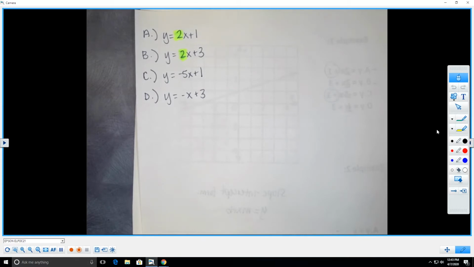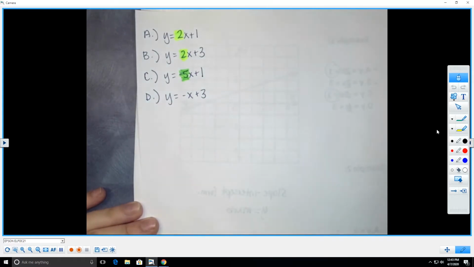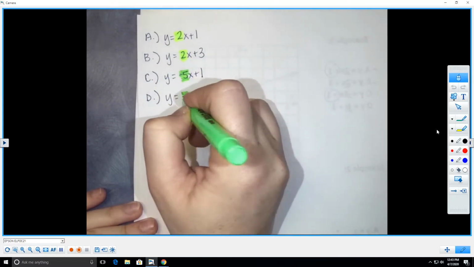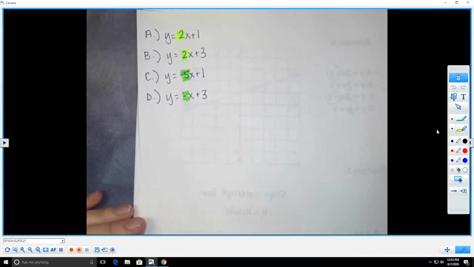Which ones have a negative slope? You're right again, C and D, because C has a slope of -5 and D has a slope of -1. Sometimes not having a coefficient in front of this variable x confuses some of my students, but what I always tell them is if you see x by itself in this situation, the slope is understood to be 1.